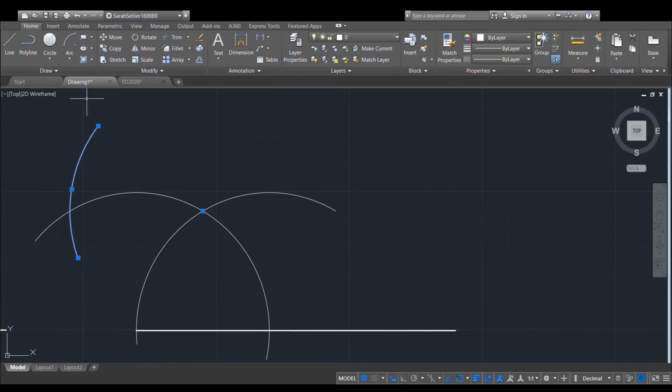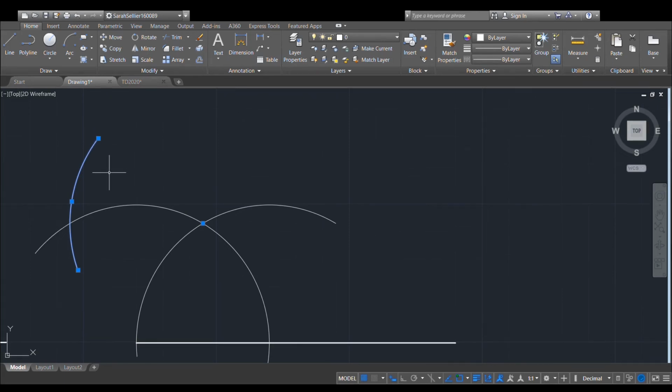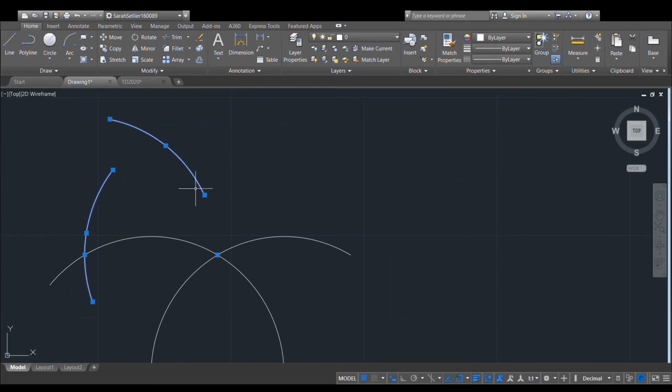Okay, so this is a good time to point out something. After you scribe this arc, to get a 90-degree angle, you scribe another arc from that intersection. And where this arc and this arc meet, that's 90 degrees.